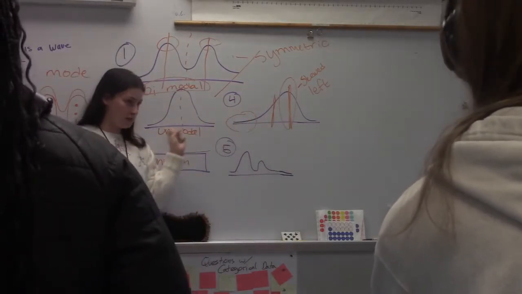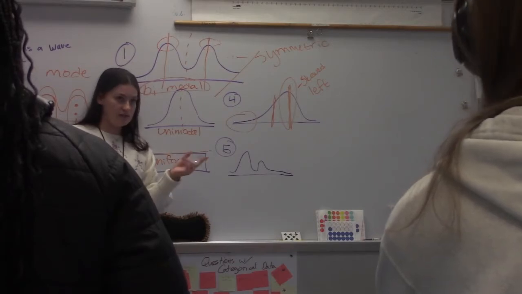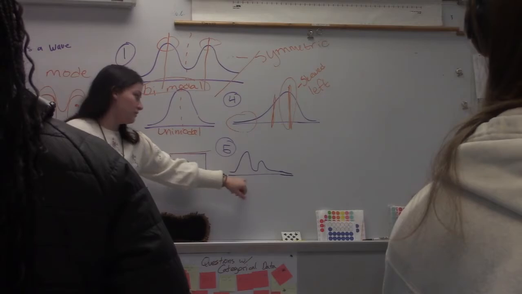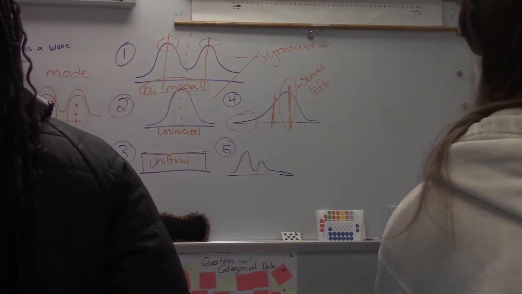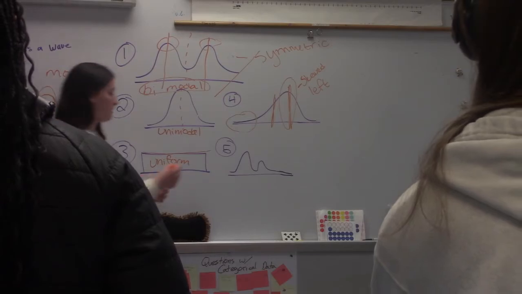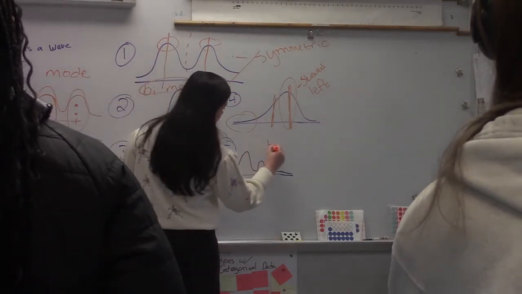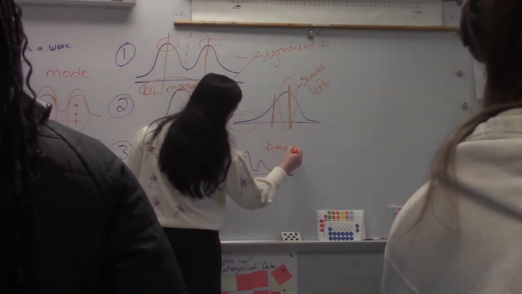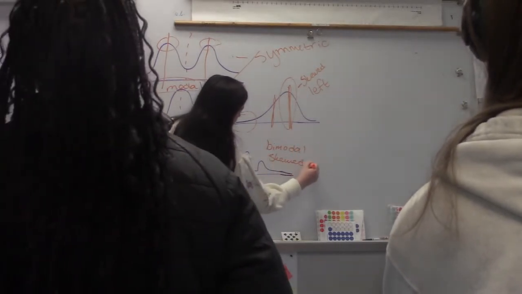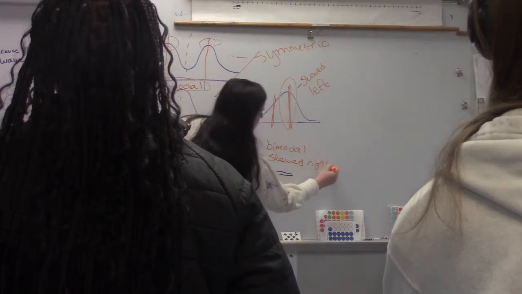This tail is pulling it towards the tail. Does that make sense? All right, now using all these terms we talked about, how do we describe 5? Skewed bimodal. It is bimodal because there are two humps. Which way is it skewed? Right. Skewed right. Because the tail is to the right. Make sense?